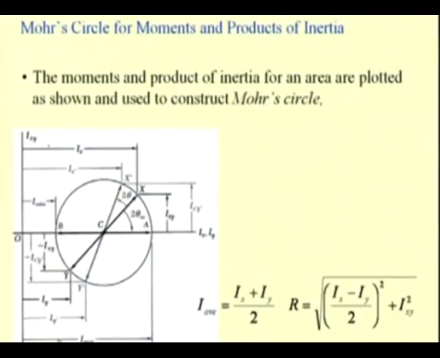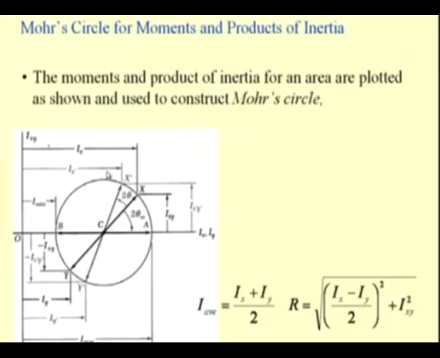Now, we will see another method, which is a graphical procedure to determine the second moments for a rotated axis, and this method we call constructing the Mohr circle and determining the second moments and product of inertia for a rotated axis. So, we construct this circle, which is the locus of the second moments and the product of inertia.